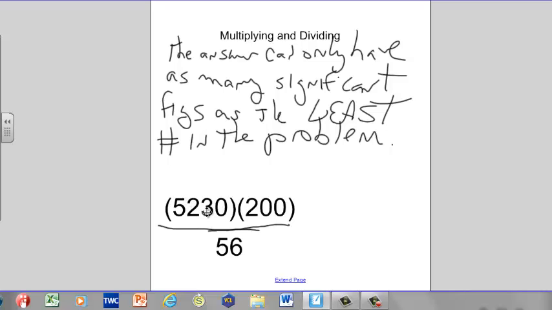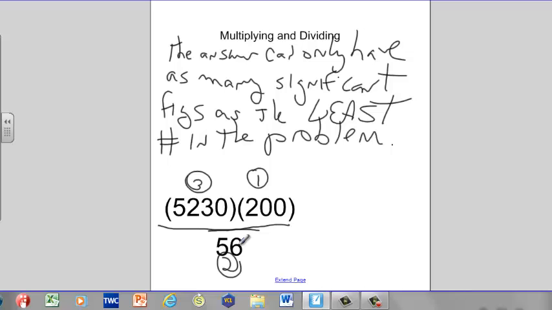In 5,230, according to my rules, there are 3 significant figures there. That 0 does not count. In 200, there is only one significant figure because, again, there's no decimal point here. In 56, there are 2 significant figures. So my answer can only have one significant digit.